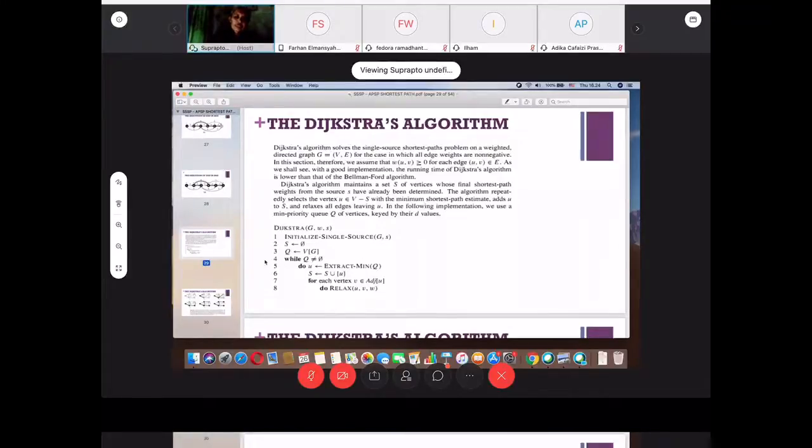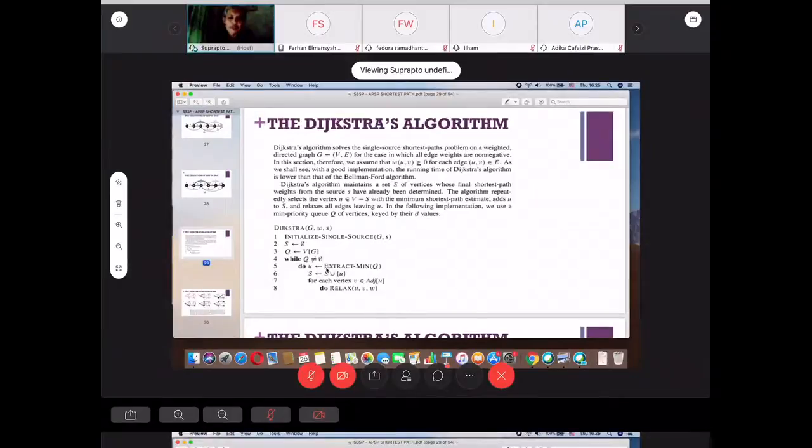Remember? Okay, now we enter the loop, in this case a while loop, with the condition that the queue is not empty. The first time the loop is entered, the queue is full of vertices of G, including S. Now, the assignment of extract min, what does it mean?